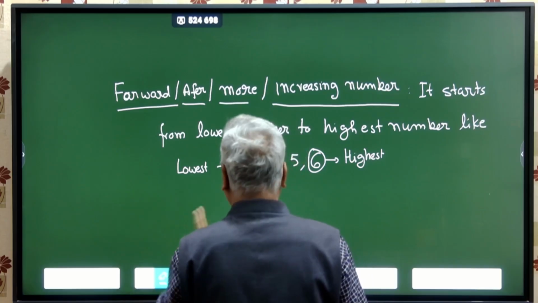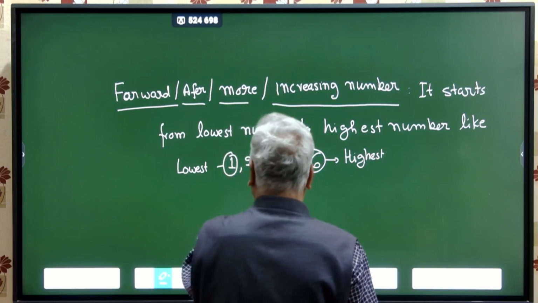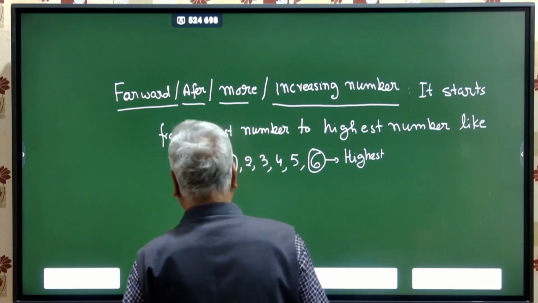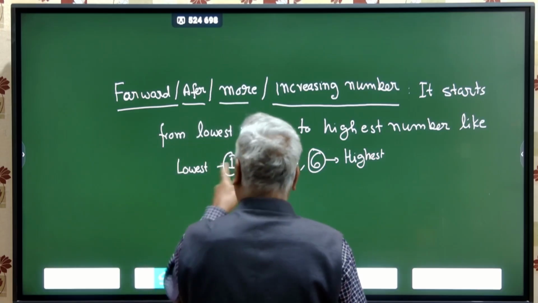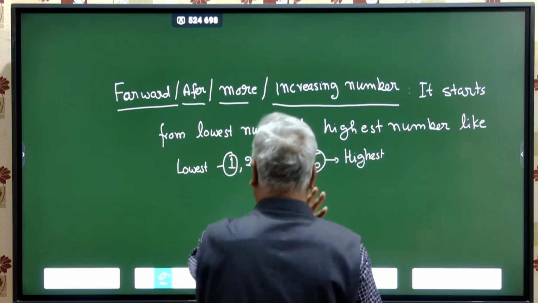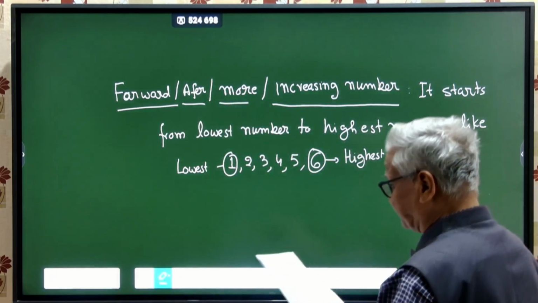You can also say 2 is more than 1, 3 is more than 2, 4 is more than 3, 6 is more than 5. You can also say 2 is forward to 1, 3 is forward to 2 as well as forward to 1. That is how I have given this example.